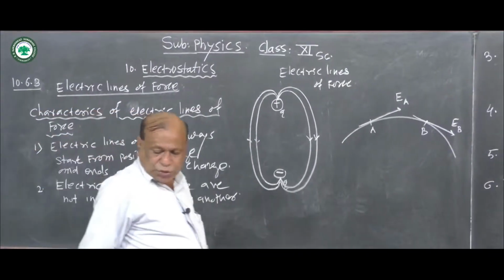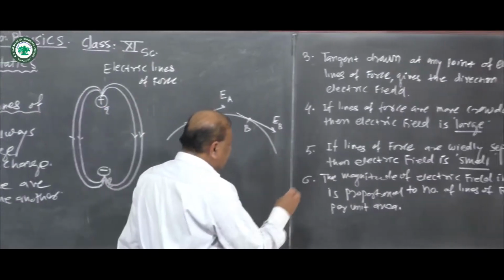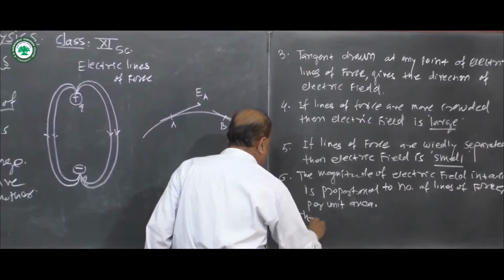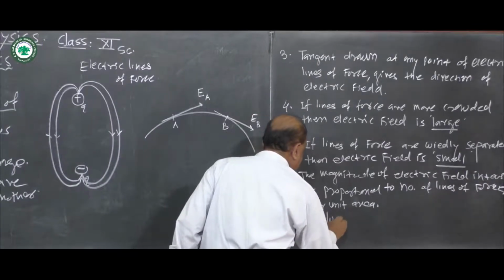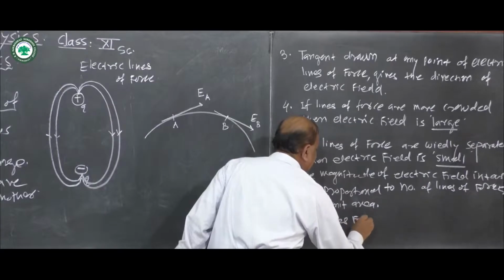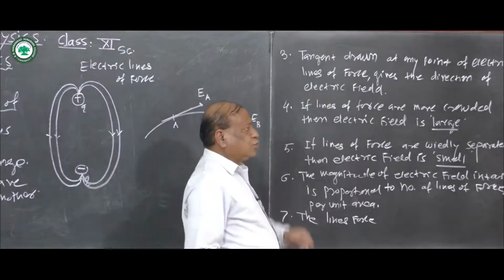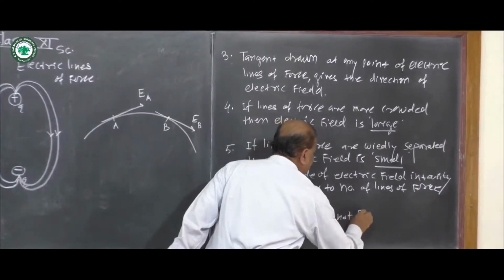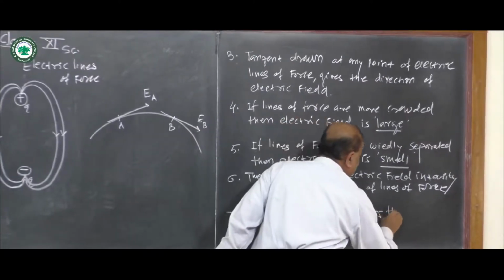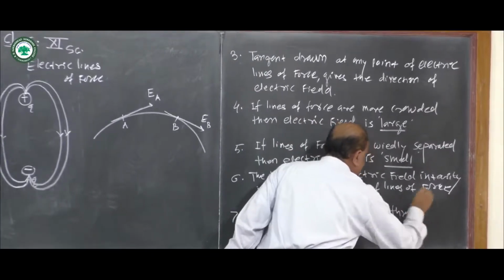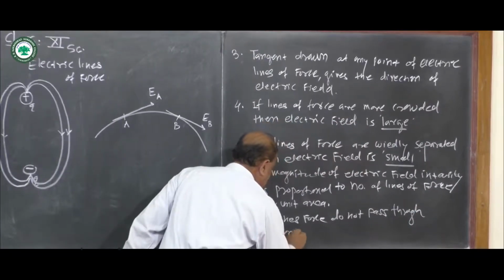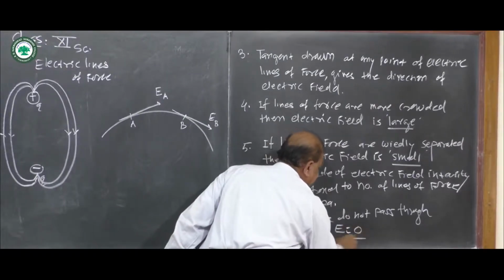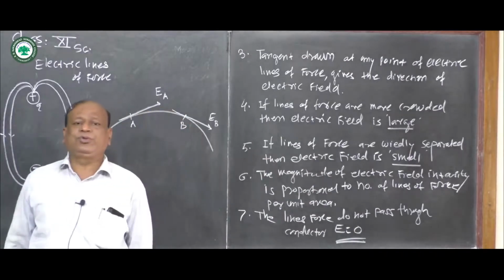The lines of force do not pass through a conductor. The seventh one: the lines of force do not pass through a conductor. That is, inside the conductor E is equal to 0.